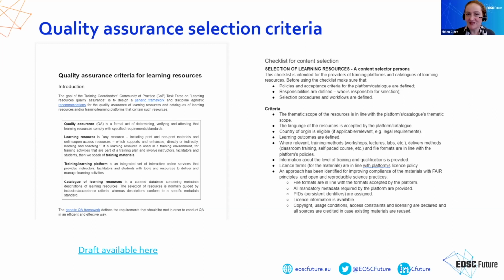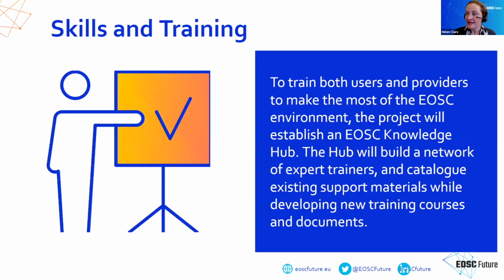So again, it's a resource that we're using within EOSC, but hopefully you might find it useful as well for your own contexts. So, as you know, in terms of what we're trying to do in EOSC Future, it's to train both the users and providers. And as part of that, we'll be establishing a knowledge hub.